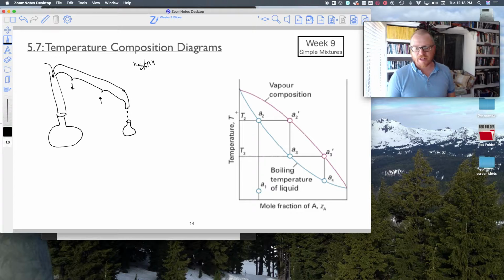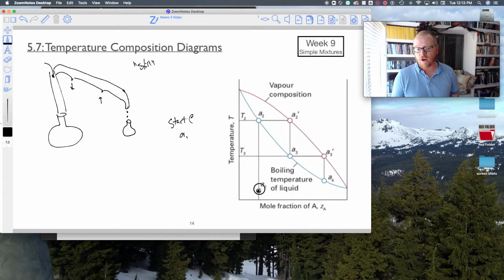So how does this work on my temperature mole fraction diagram, okay? Well, suppose I start at A1. And A1 is not boiling yet, so that's why it's down here.